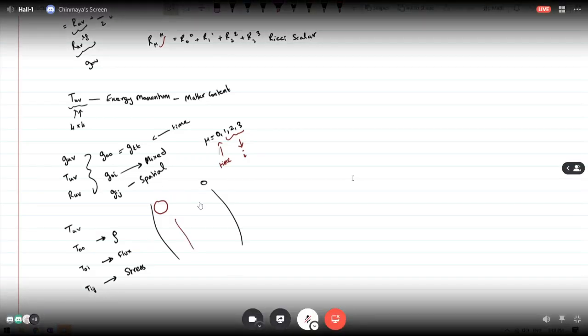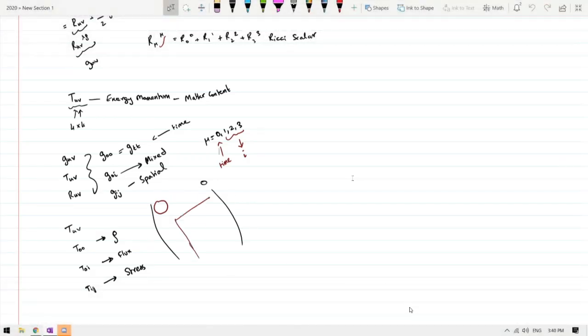You can think of it like T mu nu being a large matrix. This particular component alone talks about the energy density, and you can take that for granted. Wherever you have this is the stress, and the components along this side deal with flux.